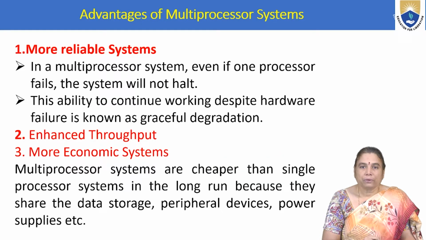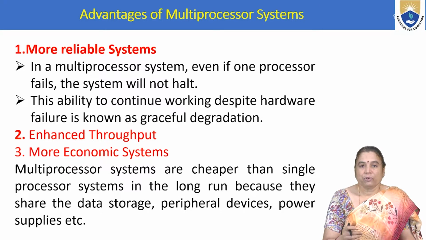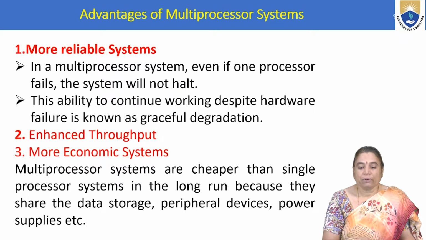The multiprocessor system has the advantage of more reliability. Multiprocessor systems are more reliable because if one processor fails, the system should not shut down or crash. The load of that processor can be shared by another processor, so there is the ability to continue working despite hardware failure.